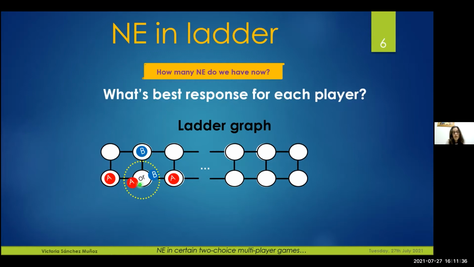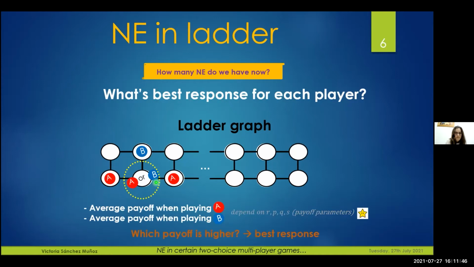Should he or she play A or B? That's what we want to answer with the best response. But it's simple. Just compute the average payoff when playing A and the average payoff when playing B against these particular strategies.